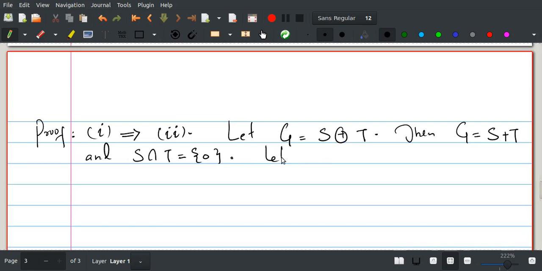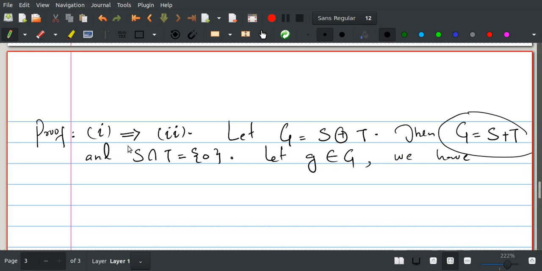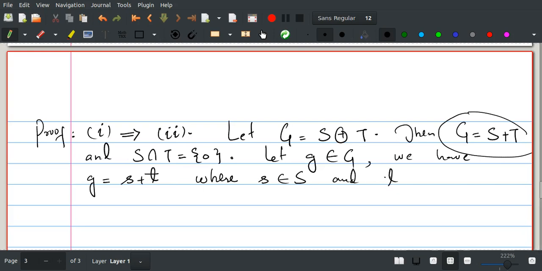Let g belong to G. Now since g is in G, by this hypothesis we have g equal to little s plus little t, where little s is in S and little t is in T. Now this follows from here.